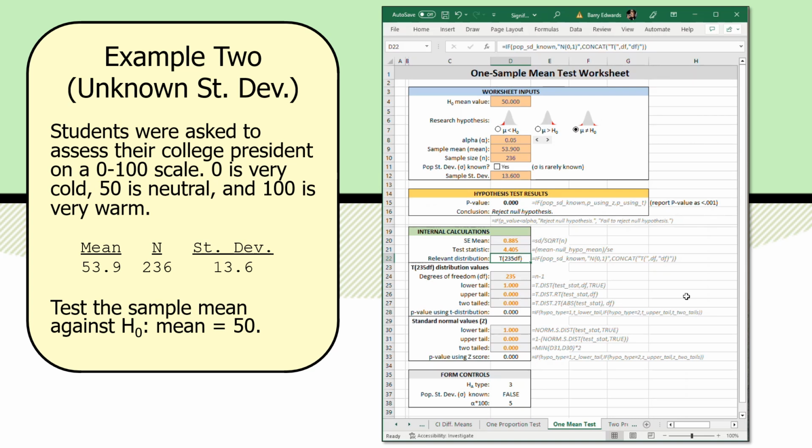But in this example, the unknown standard deviation is more common. So the most common situation with a one sample means test uses a t statistic compared to a t distribution. Because we got a t statistic, t distribution, it's called a t-test. And in this particular example, the t-test has a statistically significant test statistic, has a very low p-value, and so we would reject the null hypothesis.